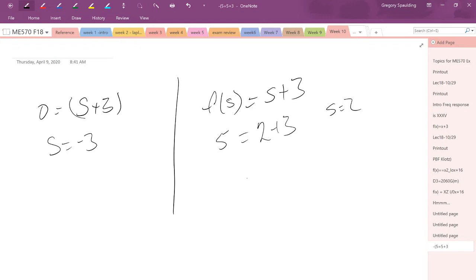So what we've done in this case, rather than setting it equal to 0 and solving for the roots, is put a value into the system and see what the response is.